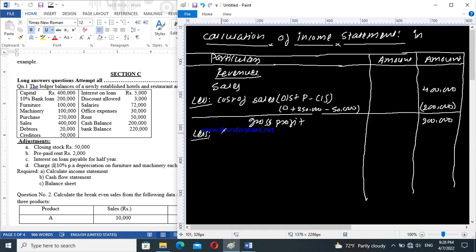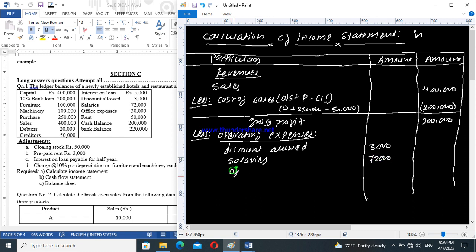Operating expenses. Operating expenses involve firstly discount allowed, 3,000. Next one we have salaries 72,000.